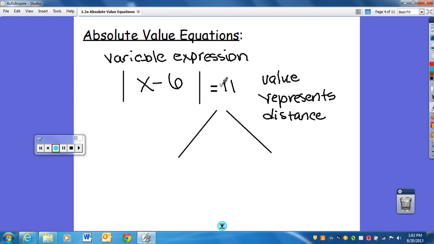We could be at 11 or -11. So when we're solving absolute value equations, we need to set up 2 different cases, one of which is at 11 and one of which is at -11. And therefore, we also will get 2 solutions when we finish solving.